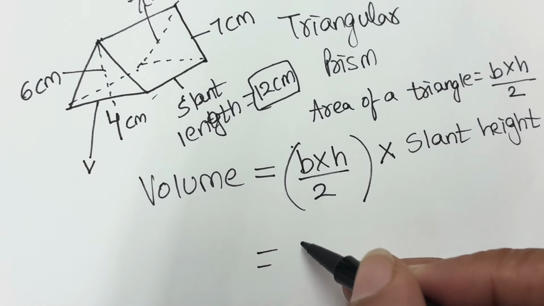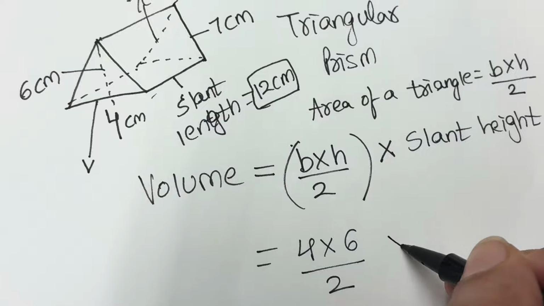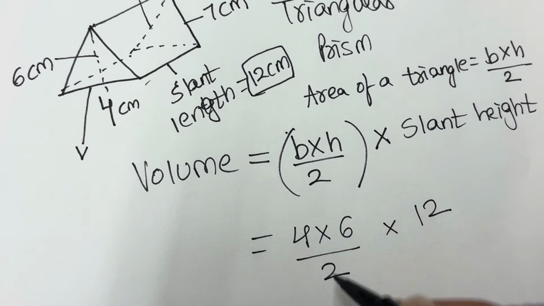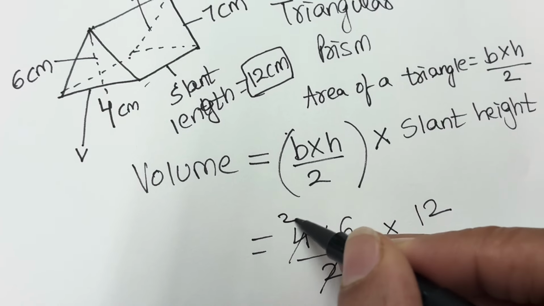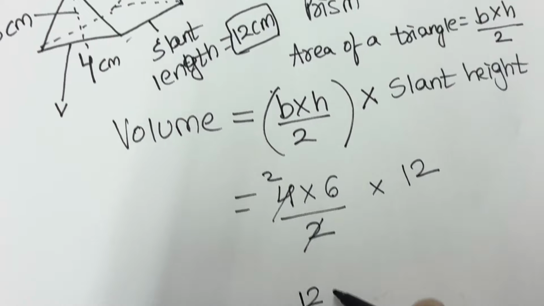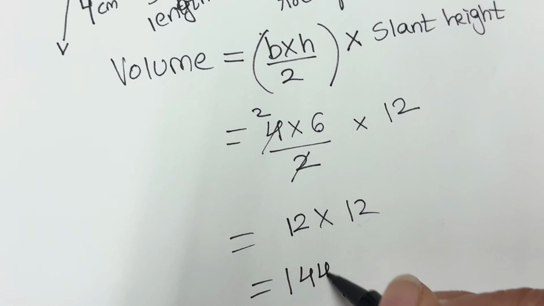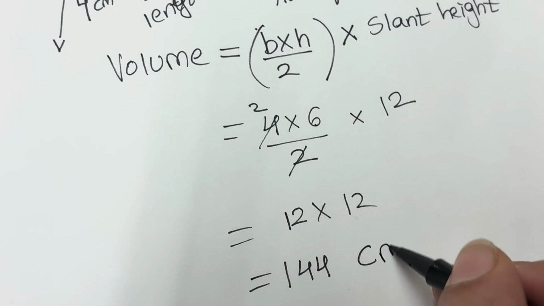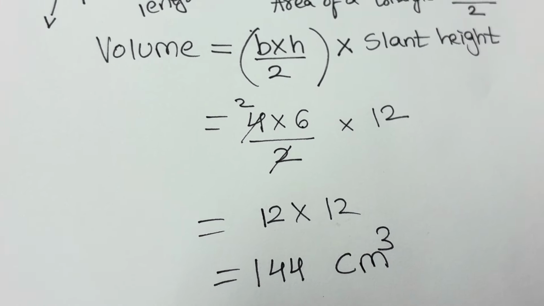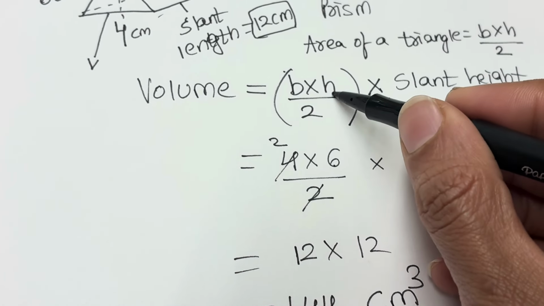So now 4 into 6 by 2 multiplied with 12, which is the slant height, which gives 2 times 2 is 4. So 2 times 6 is 12, and 12 times 12 is 144, and the value for volume is 144 cubic centimeters, because for the area we have centimeter and centimeter.